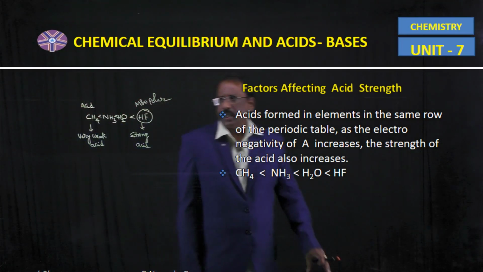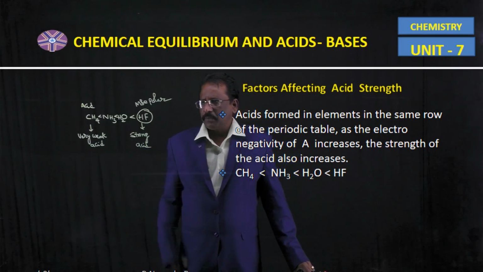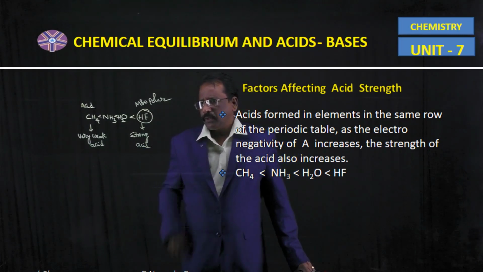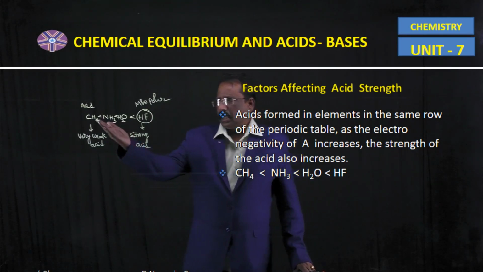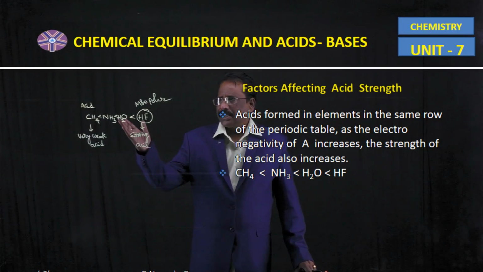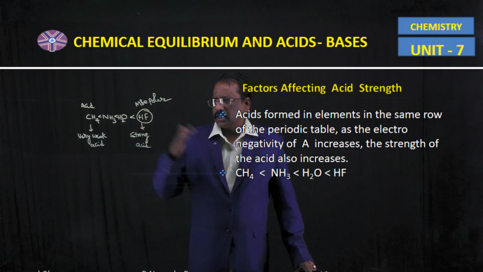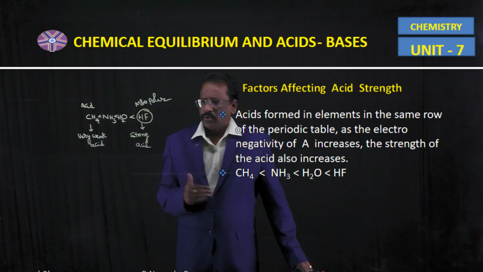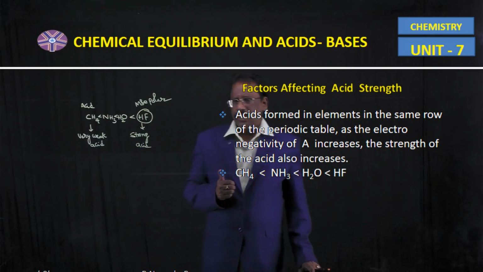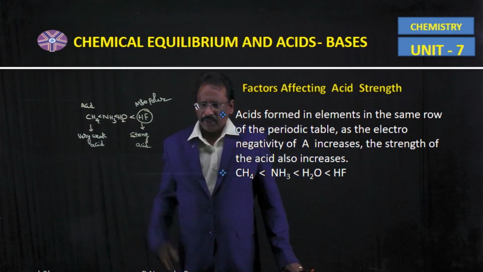So here the dissociation of the acid depends upon the polarity of the bond, because carbon, nitrogen, oxygen, and fluorine belong to the same period. That's why, if you compare these compounds, you consider the electronegativity of these elements.